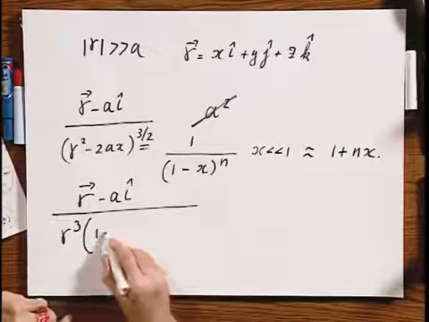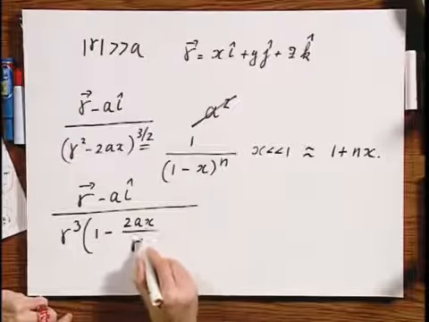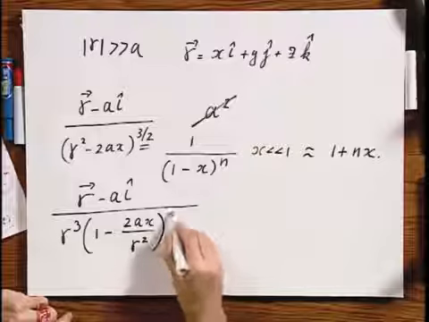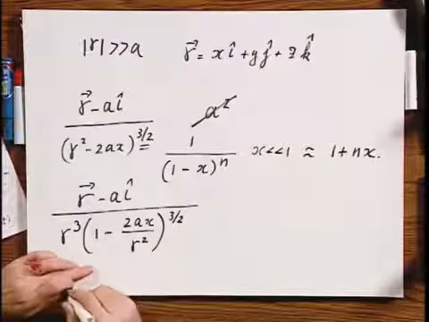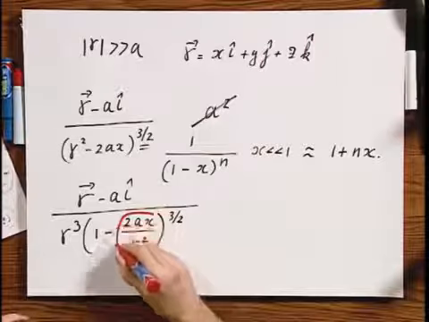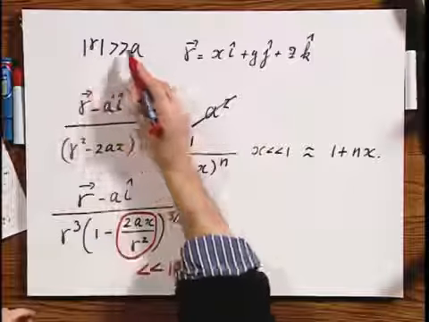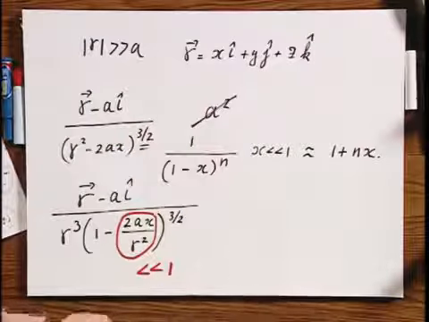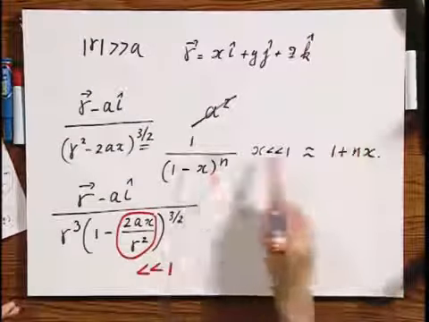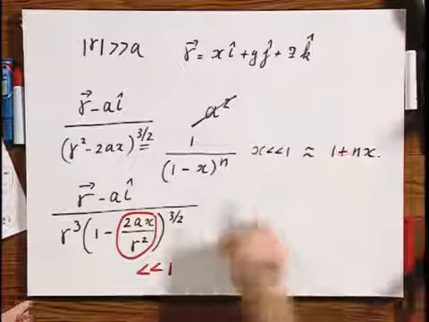And I get 1 minus 2ax divided by r squared to the power 3/2. And I know that this is much, much smaller than 1 when r is much, much larger than a. And so I can apply the same Taylor expansion that I have here.